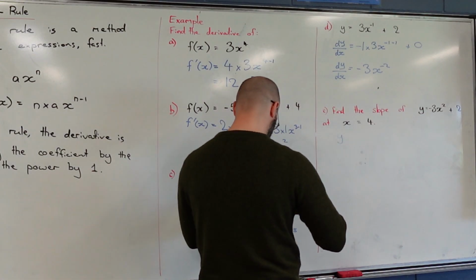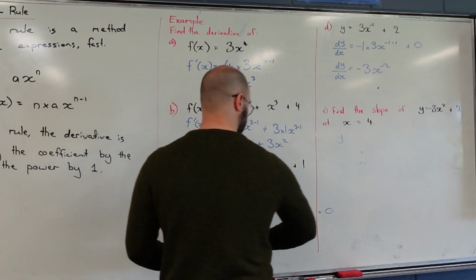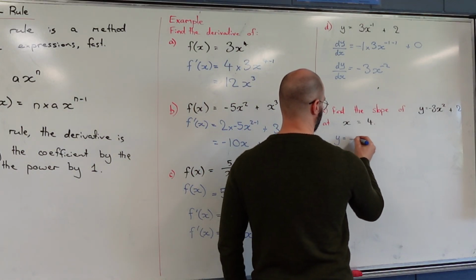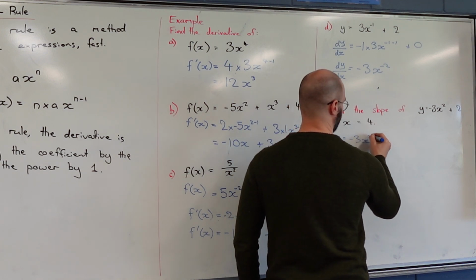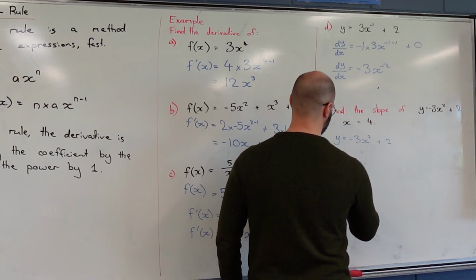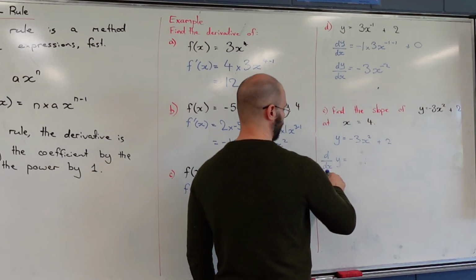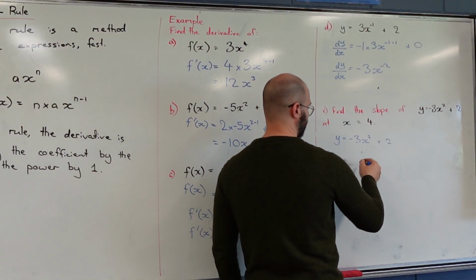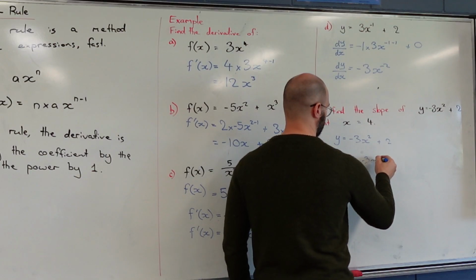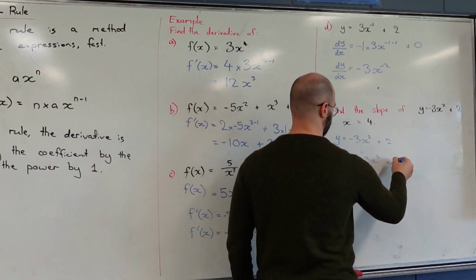This one's even worse. If y is equal to minus 3x squared plus 2, then the change of y with respect to the change in x is going to be 2 times minus 3 x to the power of 2 take 1, plus 0.